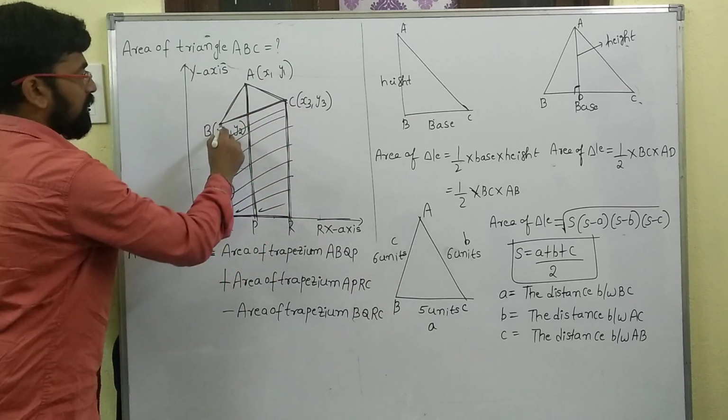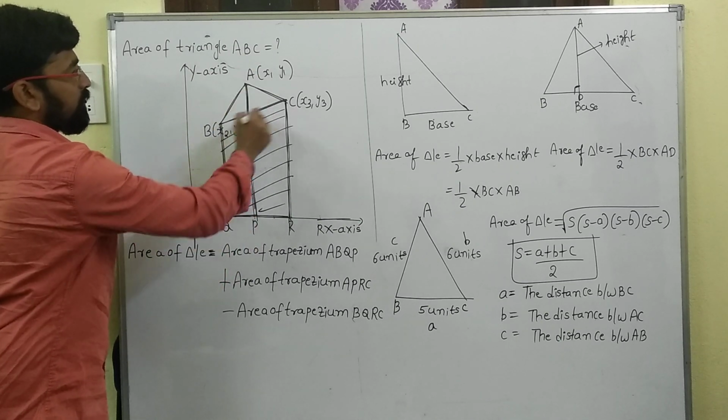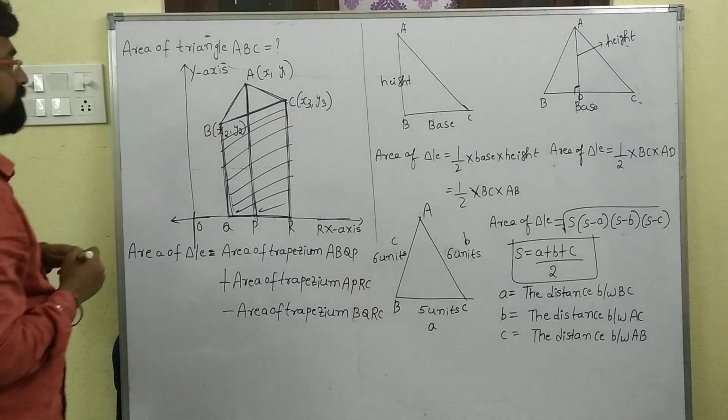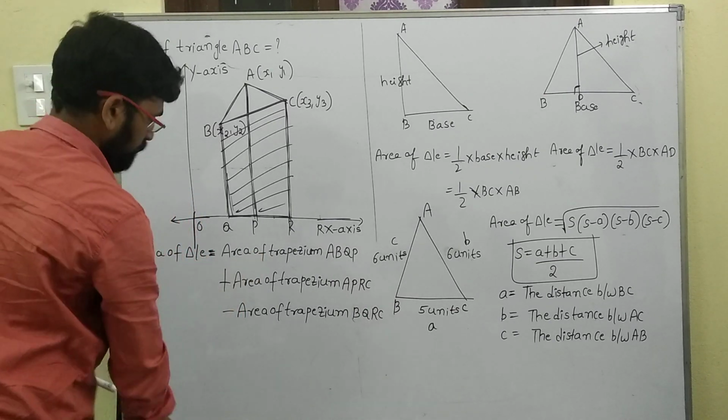Now from this, if you remove this part, you will get the triangle part. So this is the area of the triangle. Ready? So, what is the area of a trapezium?